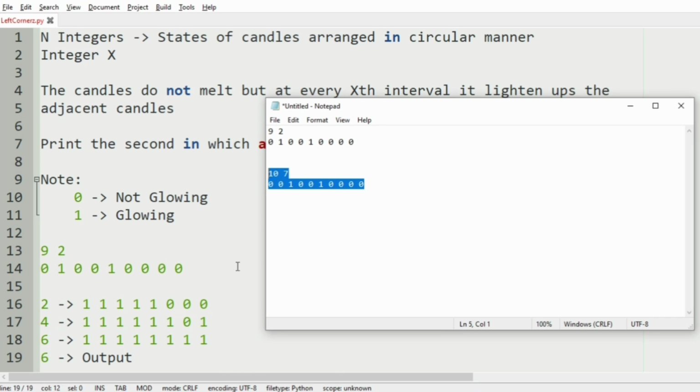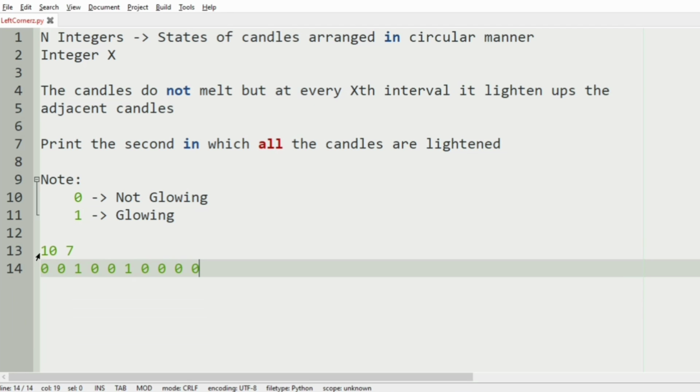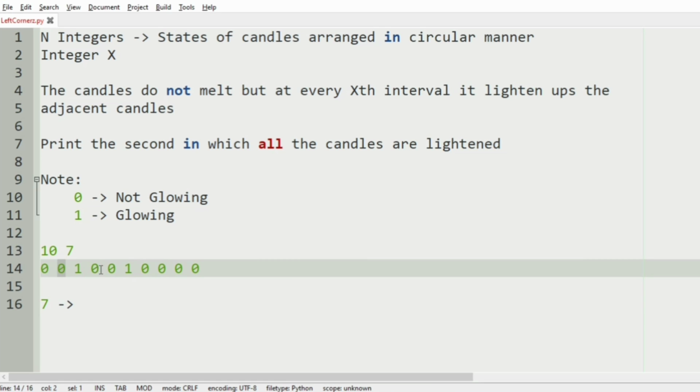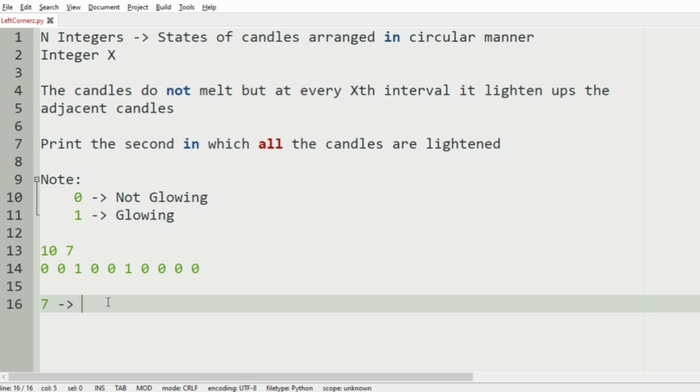So now we'll take another test case. In this test case we have 7 as the interval. So this candle will light up this, and this candle will light up this.